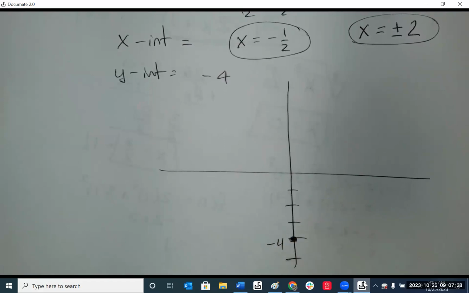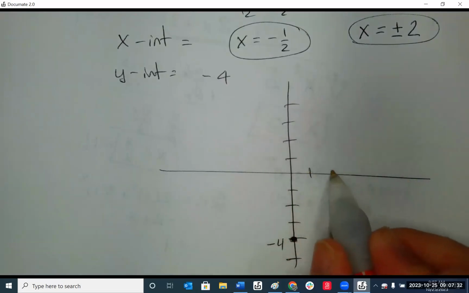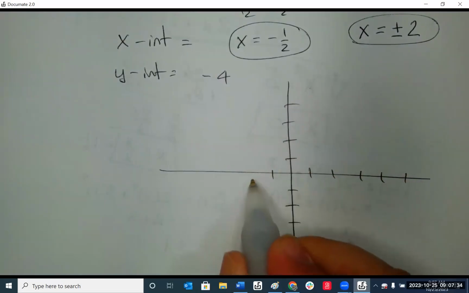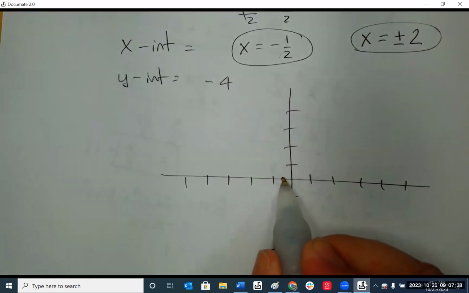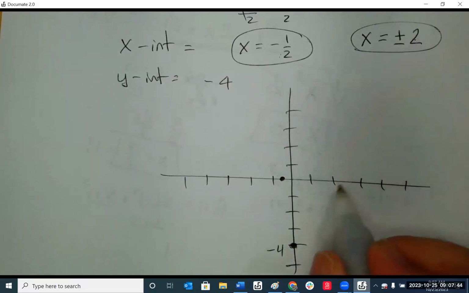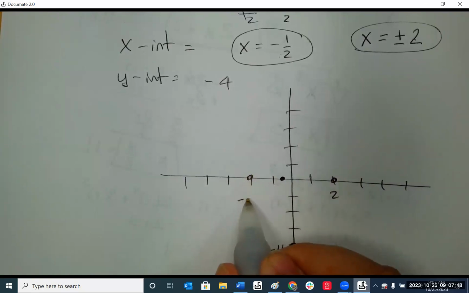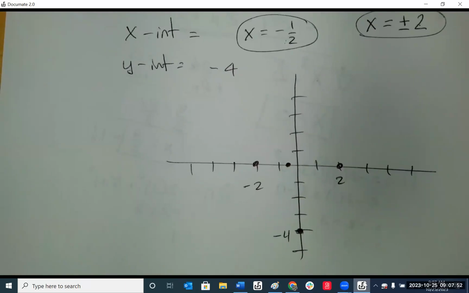So at negative 4, we have a dot on the y-axis. At negative 1/2, we have a dot. At +2, we have a dot. And at -2, we have a dot. What's the shape of the graph going to look like?